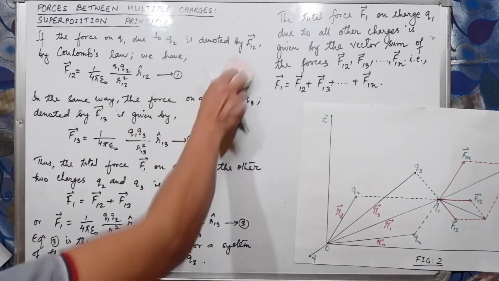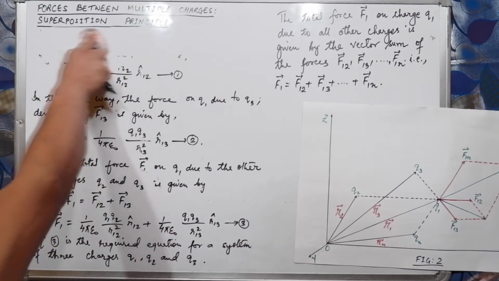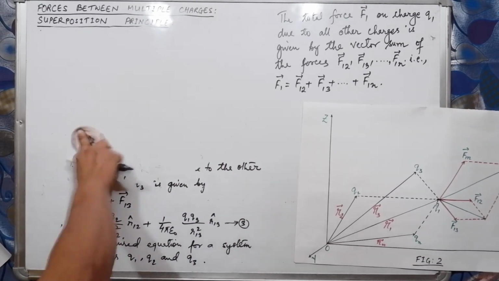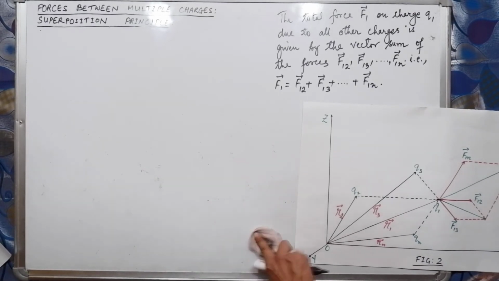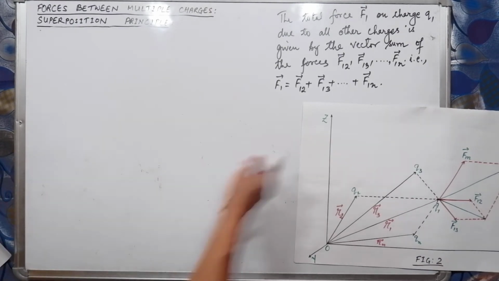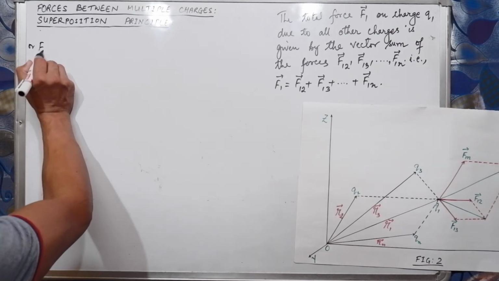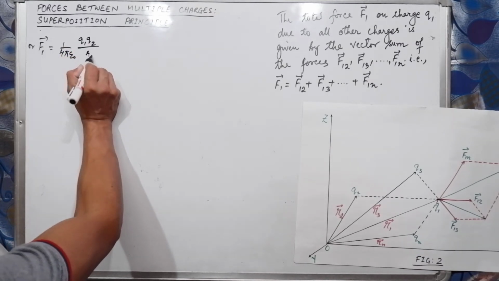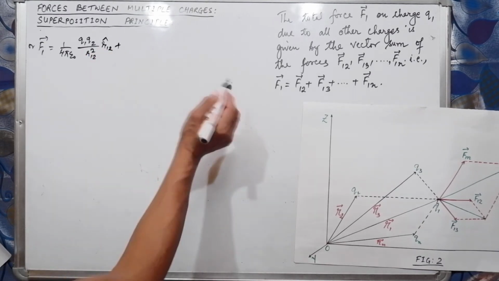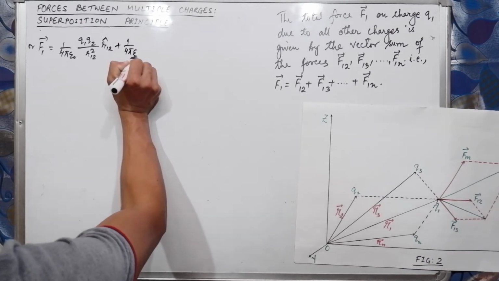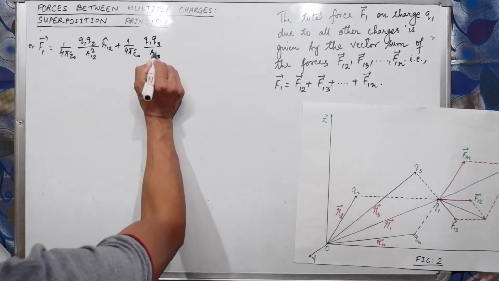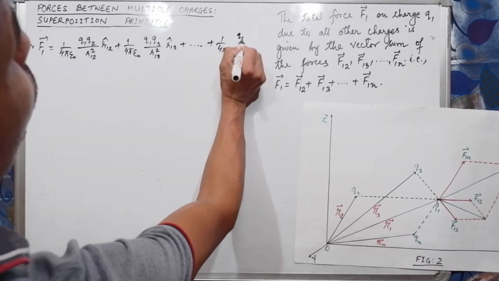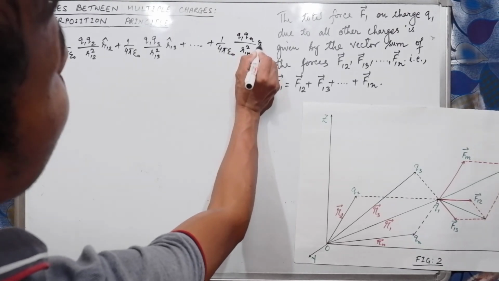So F1 will be equal to the force F12, which is 1 by 4 pi epsilon naught Q1 Q2 by R12 square R12 cap, plus F13, which is 1 by 4 pi epsilon naught Q1 Q3 by R13 square R13 cap, plus up to 1 by 4 pi epsilon naught Q1 Qn by R1n square R1n cap.